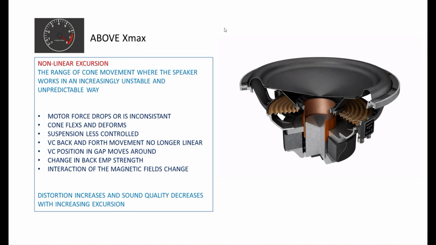It gets muddy, blurry, because you're pushing the speaker above its design limits, right? The cone starts to flex and distort. The suspension is less controlled. The voice coil moving up and down in the gap is no longer as linear as it was. You get much stronger back EMF strengths, and changes in the way the magnetic field behaves. So you really are pushing the speaker beyond its design limits. It can still play there, but you suffer in terms of distortion and sound quality.